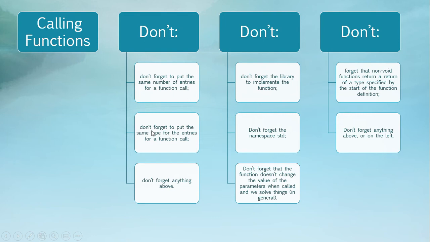It has happened with many people, including people that we even know. It can even be ourselves. Don't forget to put the same type for the entries of a function call. When we pass the arguments, they have to be really the same type and the same number of arguments. Don't forget anything above. It's another great recommendation.